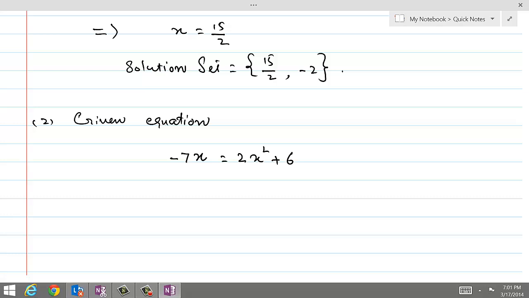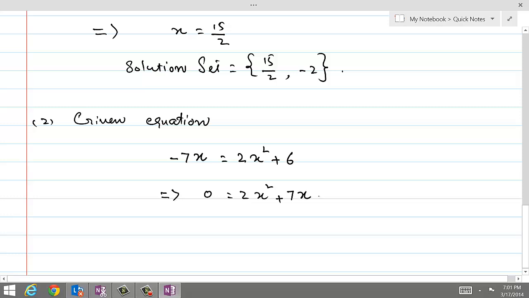So let's convert this into standard form: x square, then the next term should involve x, and the next constant, equal to 0. But for this we are going to transfer this minus 7x to the other side. This should give us 0 equal to 2x square plus 7x plus 6.